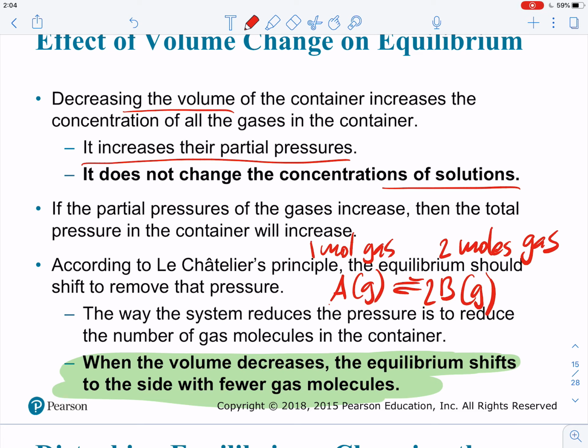If you decrease the volume, the side with the least amount of gas is the reactant side, so it will shift in that direction. If the volume goes up, then you are favoring the side with the most molecules of gas.